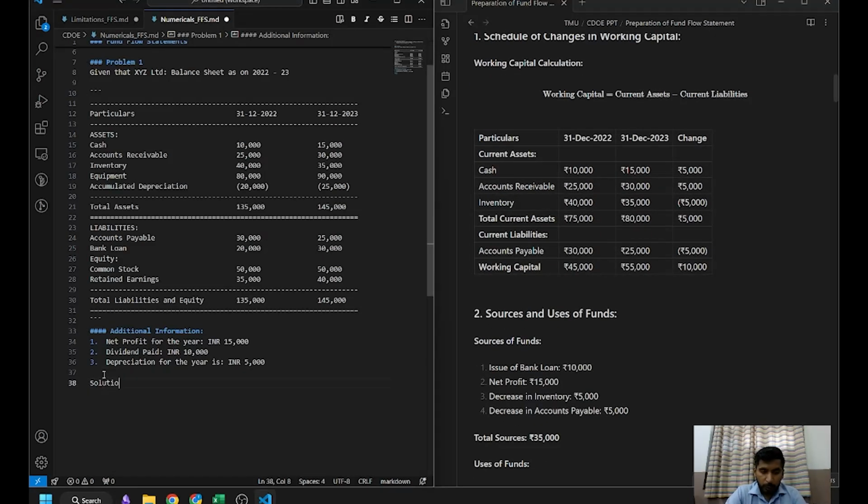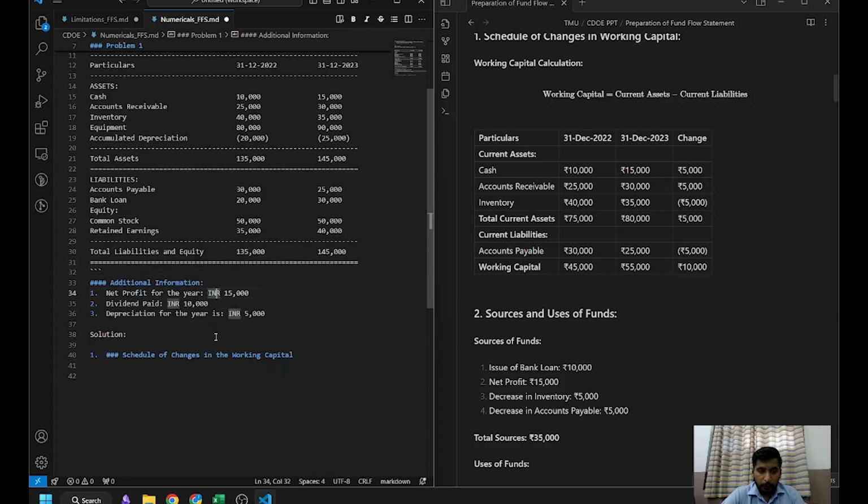When we talk about the solution, here it will be like that. The first thing that we'll be making is the schedule of changes in the working capital. Okay.